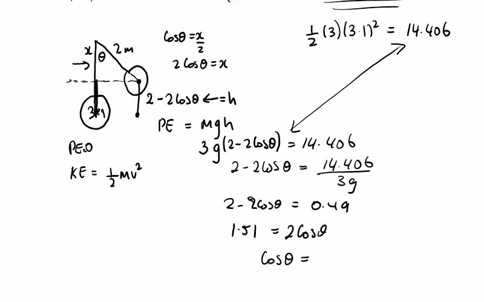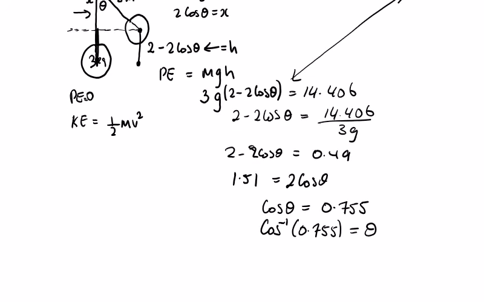So cos theta is half of that, 0.755. Typing this into our calculator, the inverse cos of 0.755 will give me theta. So theta works out to be 41 degrees, rounding up from 40.97.